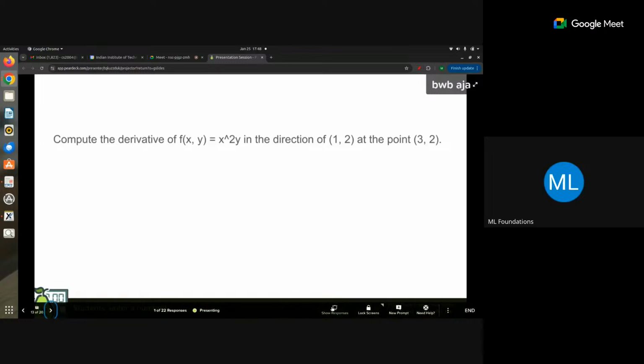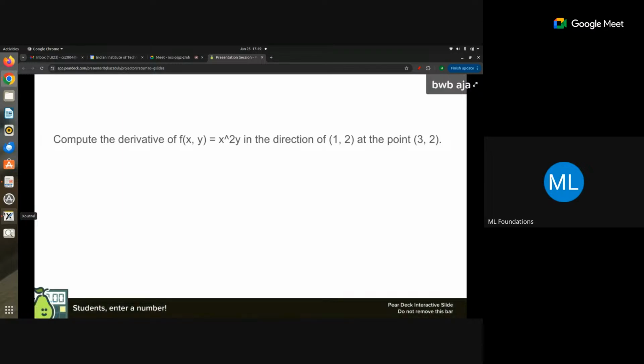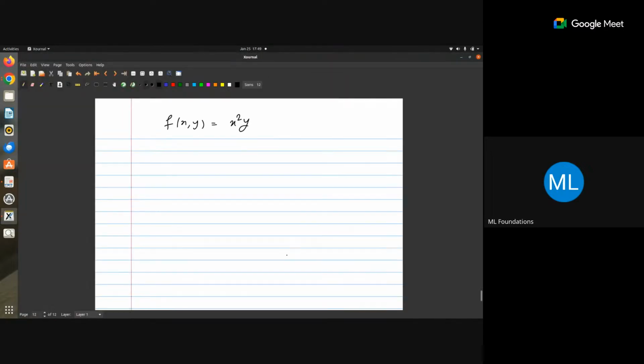So is it okay if I solve those? This is a function, and we have to find the directional derivative in this direction at this point. What is the directional derivative? I'll write it as D_u f. Basically, it is del f at the point, transpose, into u.